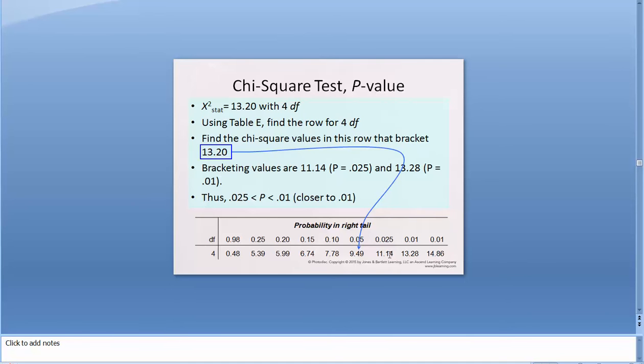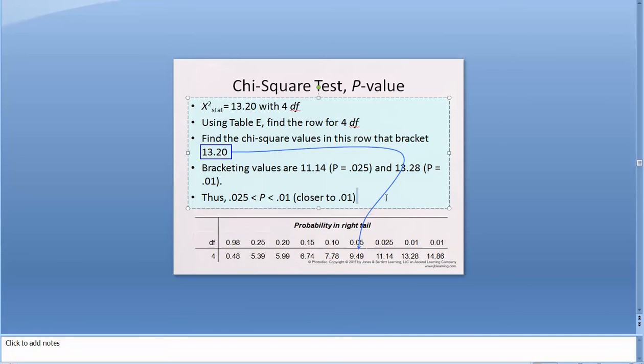So the p-value. Can I move it? The 13.20 is somewhere close to here. And then the p-value for this statistic will be a little bit smaller than 0.01.